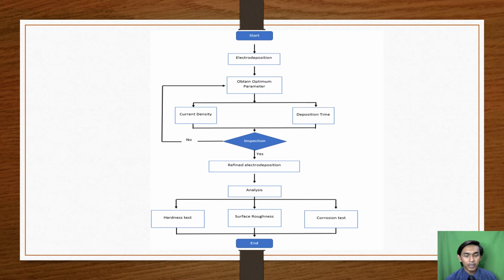In this part, 3 analyses were tested, which are the hardness test, surface roughness and corrosion test. But if the parameters were not obtained, we must redo the process to get the actual optimum parameters of current density and deposition time.